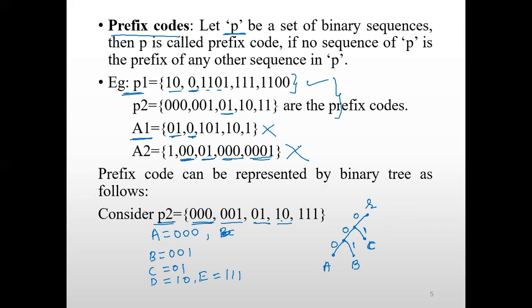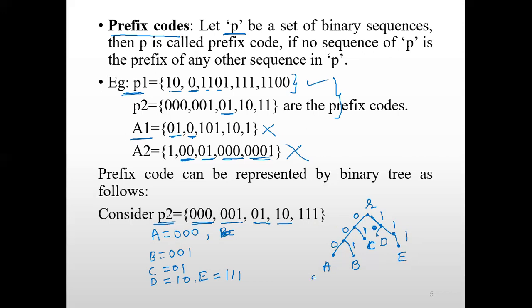As it starts with 1, it should be the right child. So to the right of the root 1, and again 0. So it will be D. And finally we have 111. So 1, 1 and 1, it will be E.